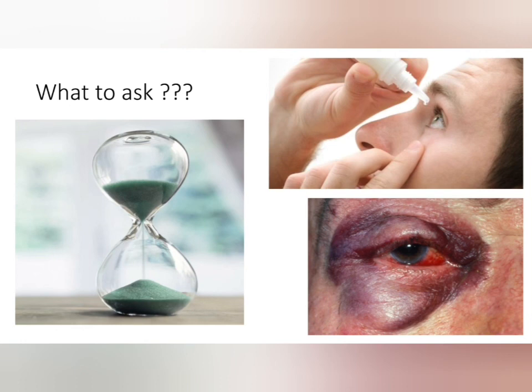If the patient has bacterial conjunctivitis, then he will say that yes, there is some discharge, matting of eyelids, and eyelids stuck together in the morning. This type of history the patient will give you. And you will also see some discharge in the patient's eye.